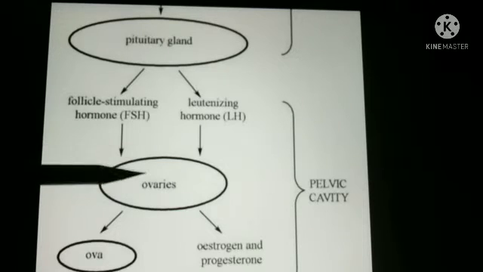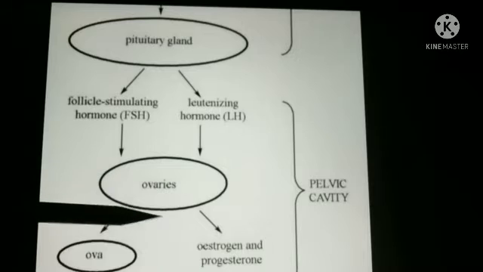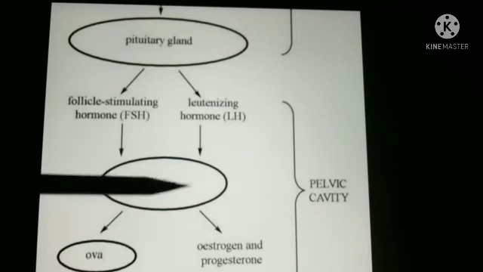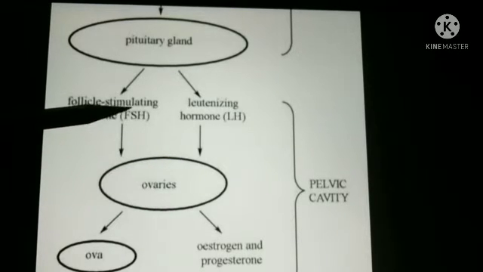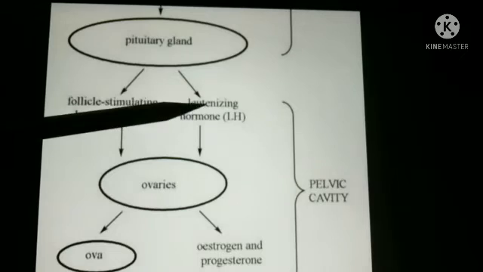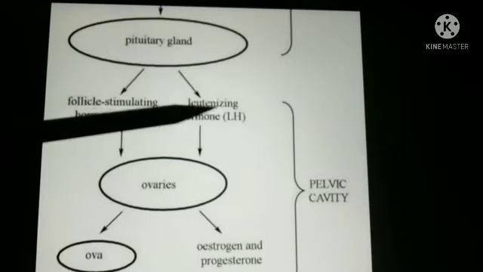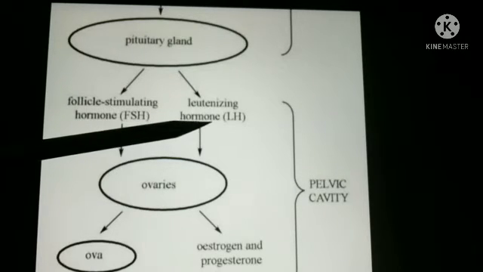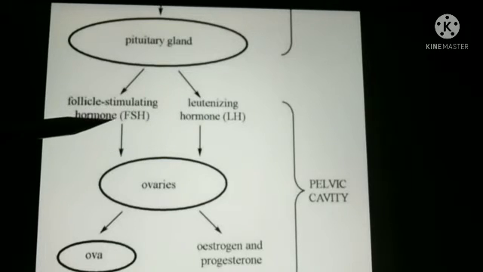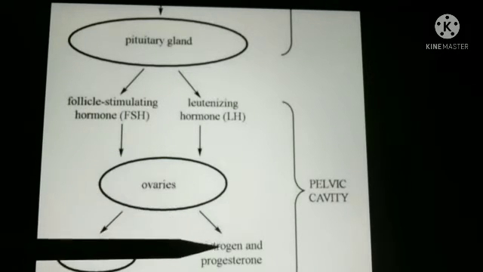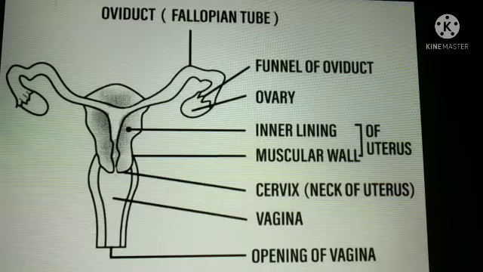The hormones stimulate the growth of about 15 to 20 eggs in the ovaries, each in its own shell called a follicle. These hormones FSH and LH also trigger an increase in the production of the female hormone, estrogen.